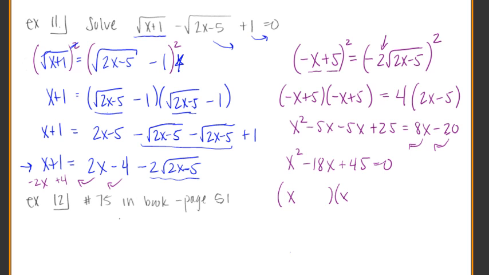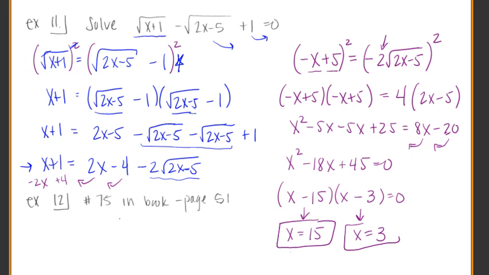Alright, I'm just going to factor this real quick, because the leading coefficient is a 1. The factors of 45 that add up to -18 are -15 and -3. So, jumping ahead just real quick, from the first parentheses you'll get x to be 15, and from the second one, you'll get x to be 3.